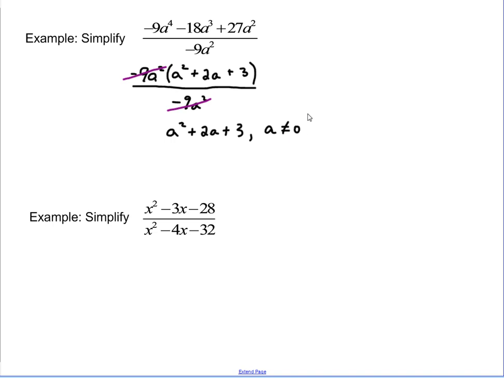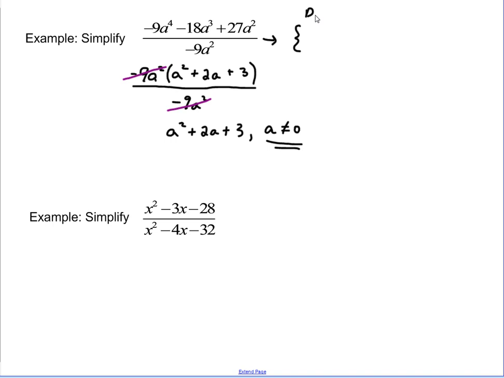We have to ensure that the domain of the original expression matches the domain of the resulting expression. And so we would want to ensure that a does not equal 0. It might be helpful, before you begin reducing anything, to find the domain of the original expression and take the time to write out that domain.